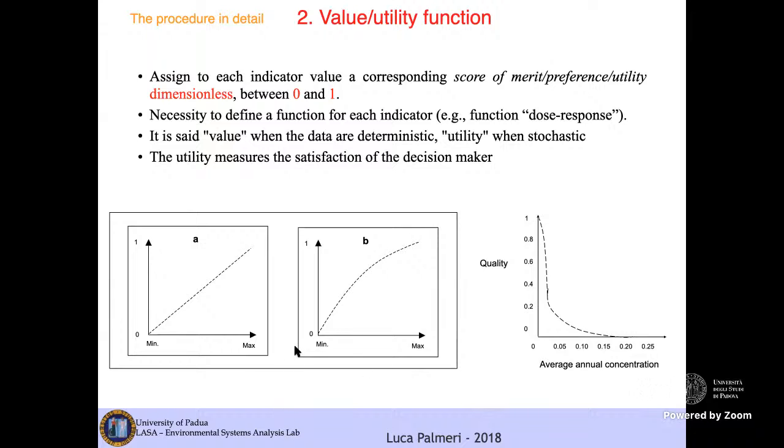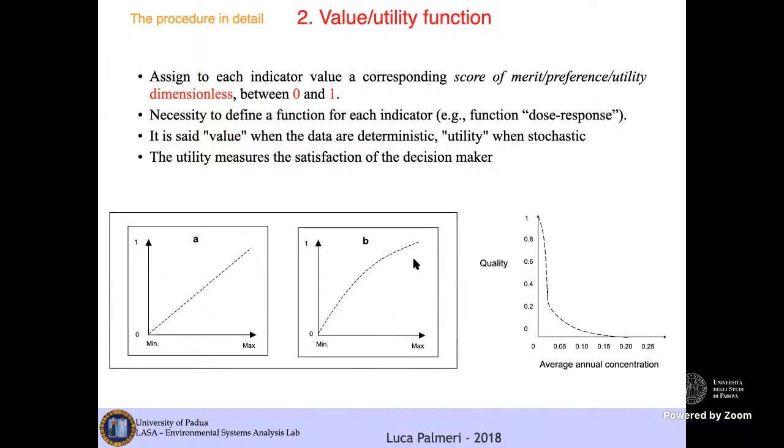I'm giving here an example of value utility function. For example, you may employ a linear one-to-one value utility function in which you convert to a 0 when your indicator is at a minimum, and you convert to a 1 when your indicator is at the maximum.